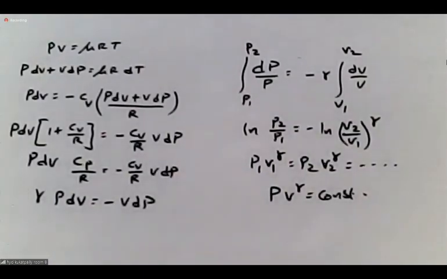Gamma has only three values: 1.66, 1.4, 1.33, corresponding to mono, di, poly. Okay.